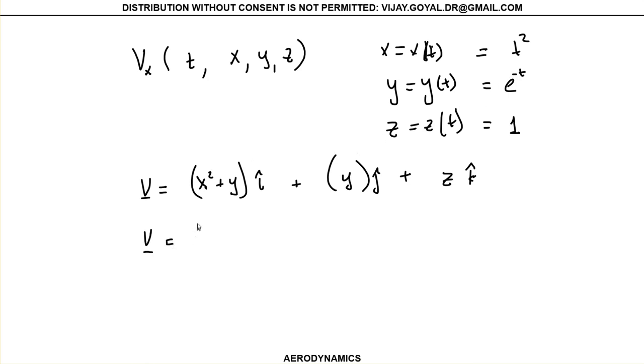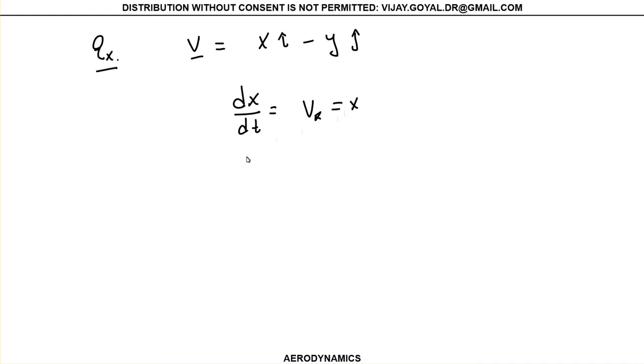Now this becomes nothing else than t to the 4th, plus e to the minus t i, plus e to the minus t j, plus 1 times k. You can see that everything now is only a function of time. So in these problems, this is what we have.